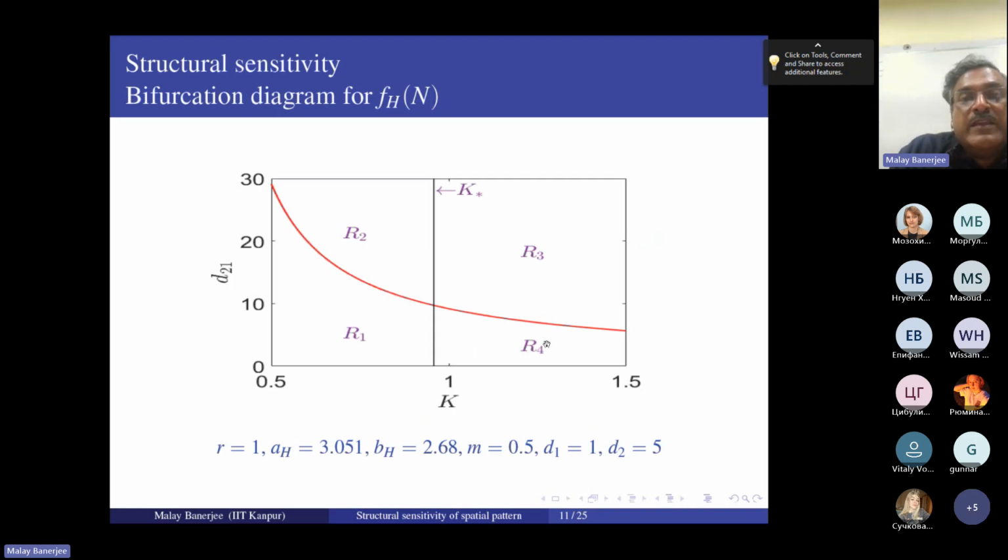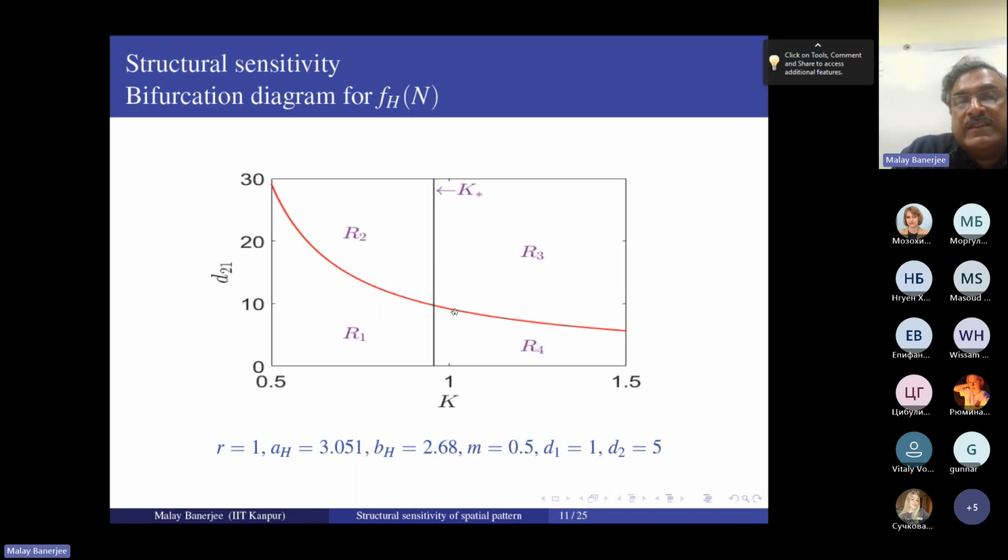So this is the Turing bifurcation diagram for Holling type 2 functional response. This vertical black line is the supercritical Hopf bifurcation threshold that corresponds to k equal to r. The red curve is the Turing bifurcation threshold.